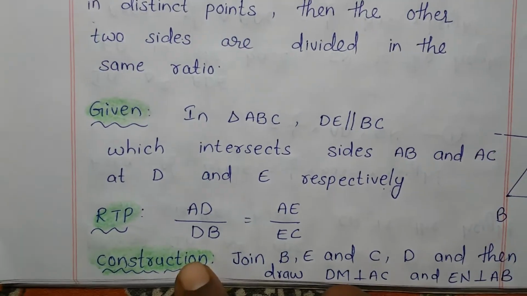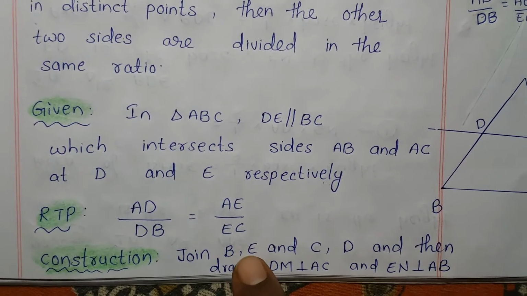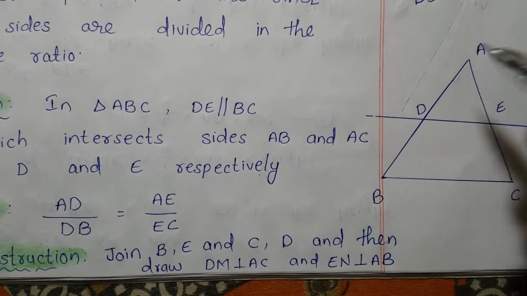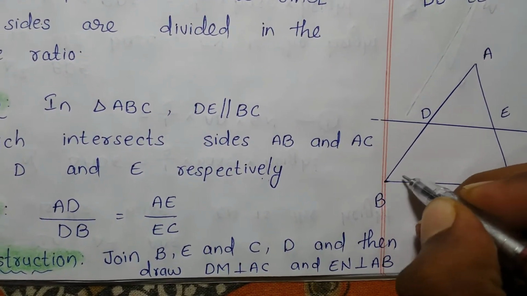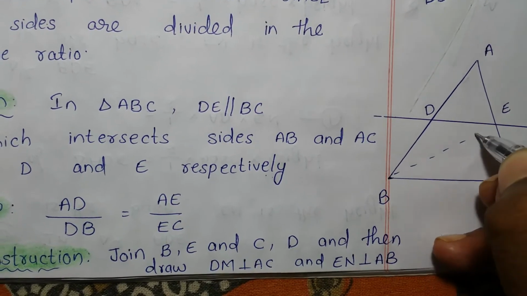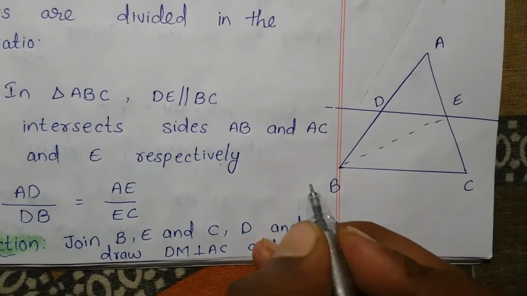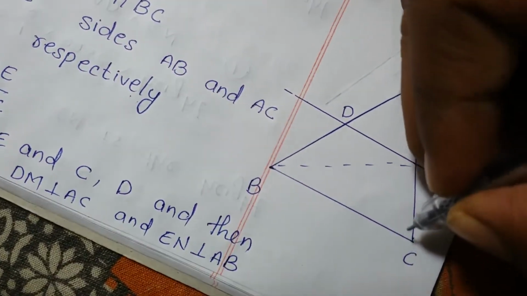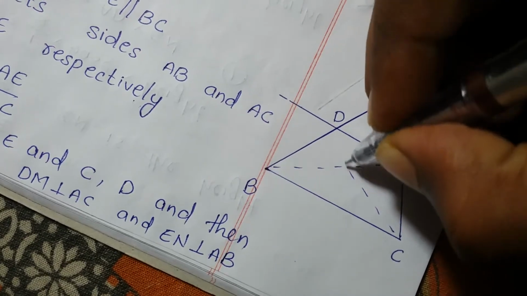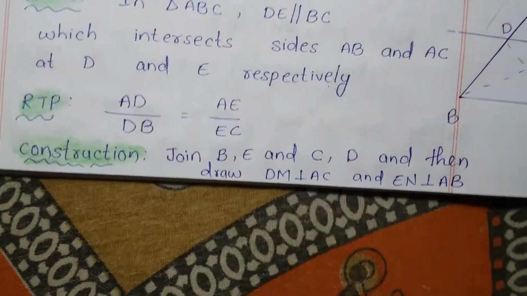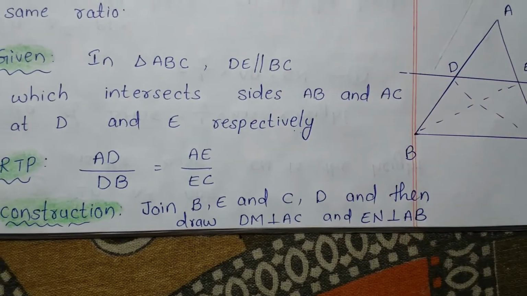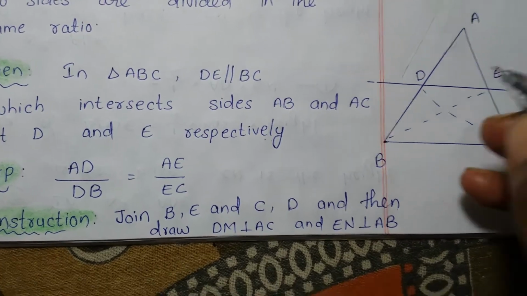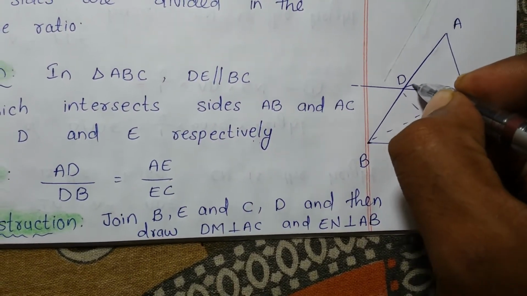For that, construction: join B comma E and C comma D. So we have to join B to E here. At the same time, we have to join C to D also. Okay, we joined C to D and B to E here, and draw one perpendicular DM perpendicular to AC.